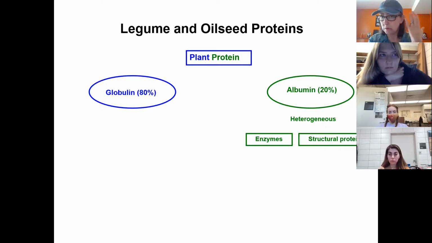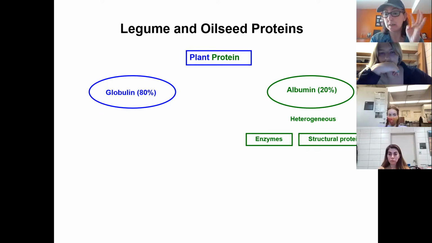They don't contribute to the functionality in food systems. They are mostly a heterogeneous group of proteins that might be enzymes, enzyme inhibitors, or structural proteins in the actual structure of the plant itself. So they don't necessarily contribute much to the functionality of the protein.